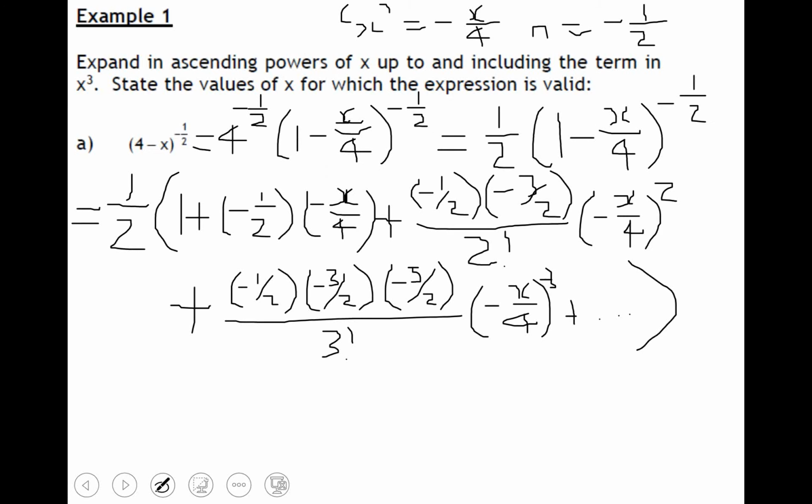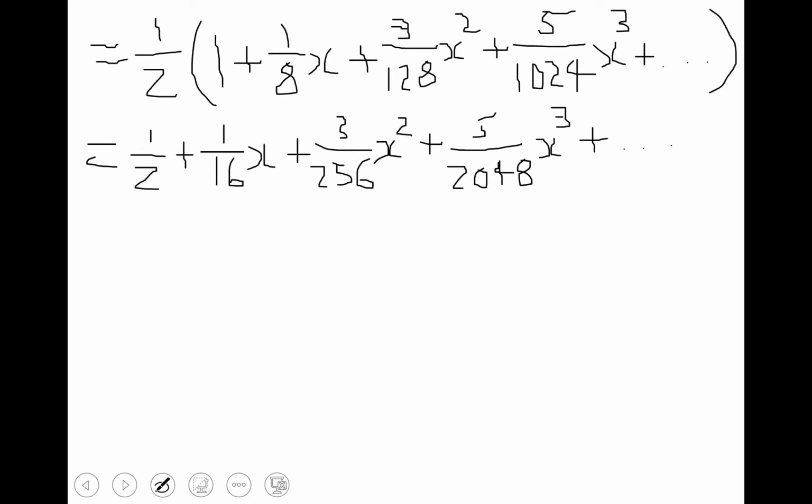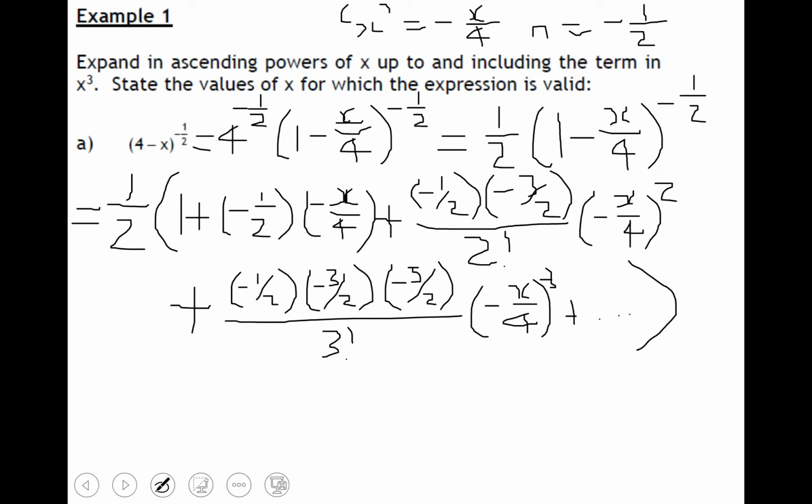We also need to state the values for which the expression is valid. The expression is valid for the expansion of (1 + x) to the n when the modulus of x, and I'm going to use the inverted commas again, is less than 1. x is minus x over 4.